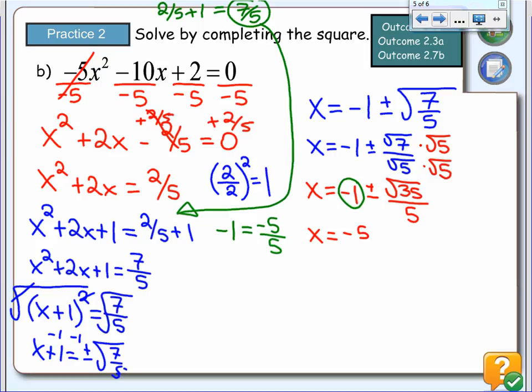When you have a common denominator like that, you can just write it as -5 plus or minus root 35. Sorry, that's root 35. I typoed that. Square root 35. And it can just become one big fraction like that. And that's the most typical way you're going to see an answer, as one big fraction just like that.